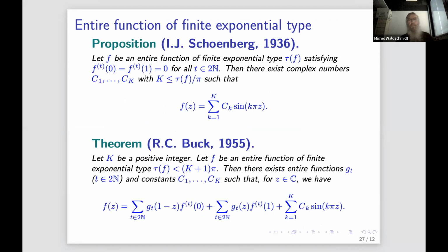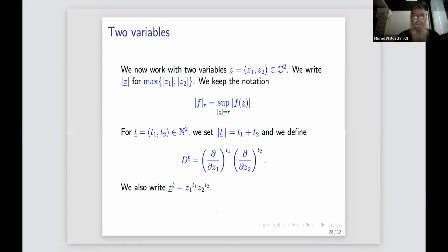And finally, to complete this survey of one variable Lidstone polynomials, there are some results of Schoenberg on the unicity of functions which have the derivatives which are 0. These functions are linear combinations of sine of k pi z. And Buck gives a more general development for entire functions of finite exponential type.